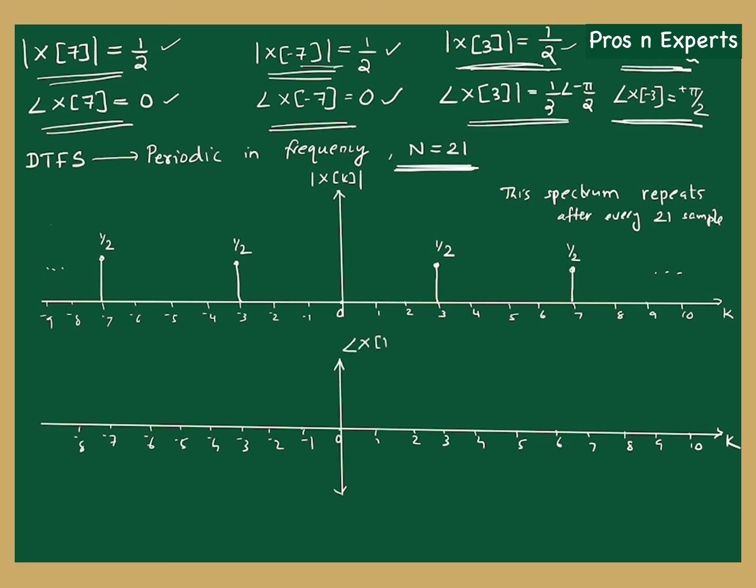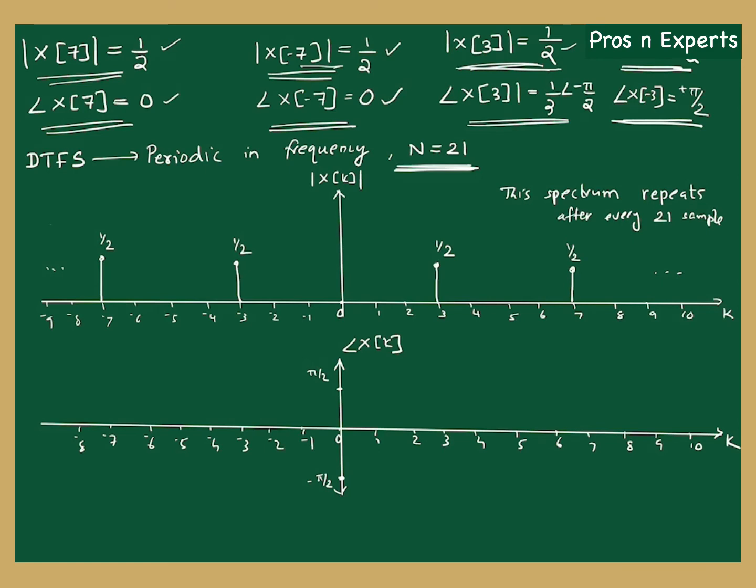So this is the angle of X of k that I'm going to draw, which we call the phase response. Marking some plus pi by 2 here and some minus pi by 2 here.